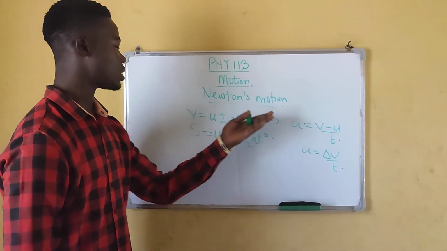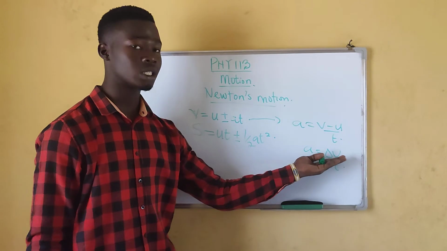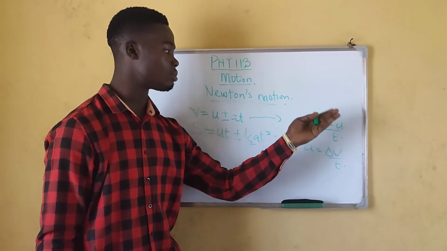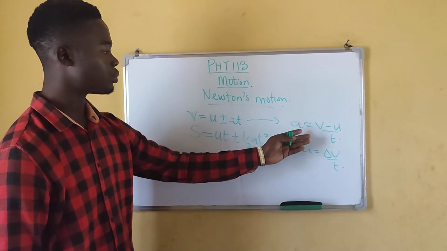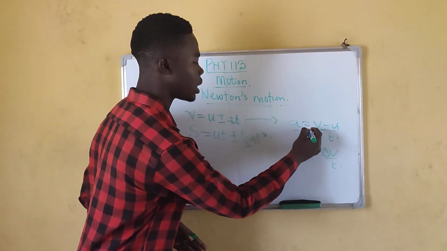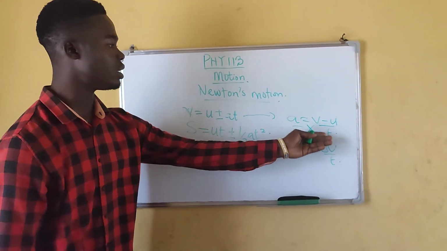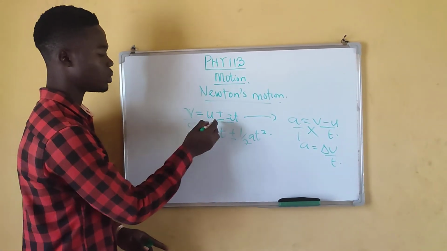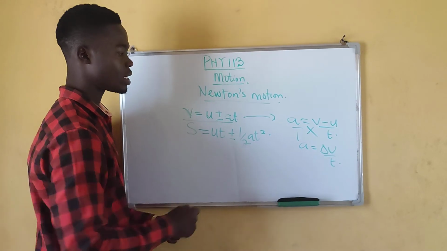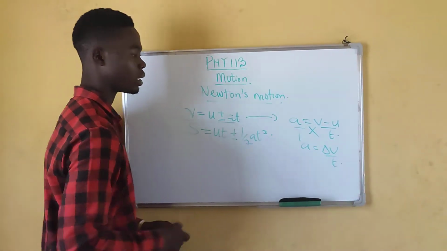Your change in velocity will be the final velocity minus the initial velocity over the time. Now, when you make the subject of the formula, you cross multiply, you have AT, then your u goes to the other side. That's how they come up with this formula.